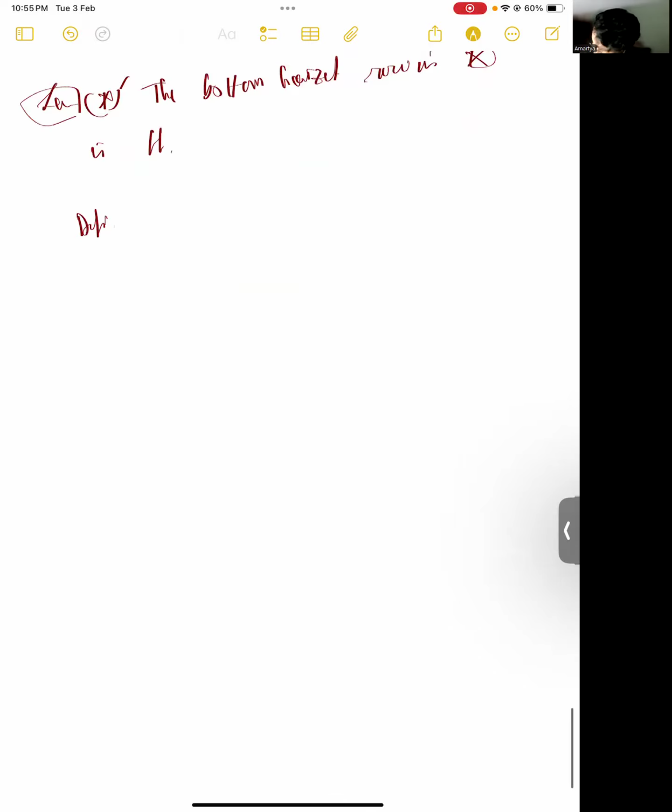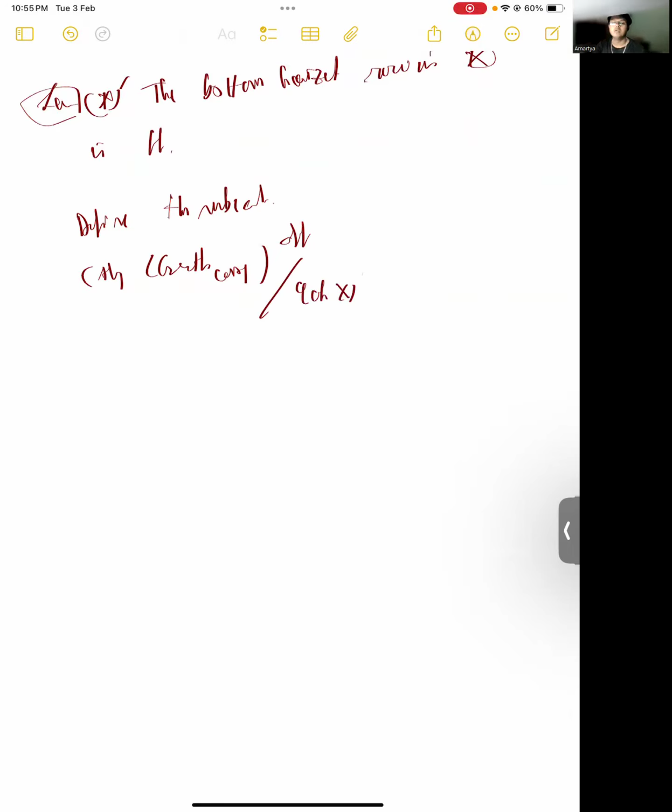Now we'll restrict to affine targets. Define the subcategory CAlg Grothendieck-comp subscript F, CN, which is just F up times in CAlg Grothendieck-comp, of course.